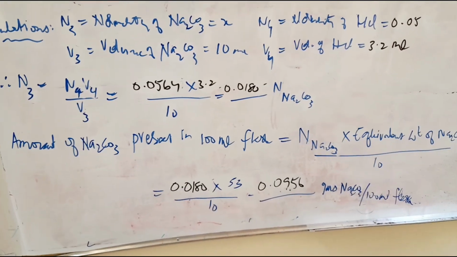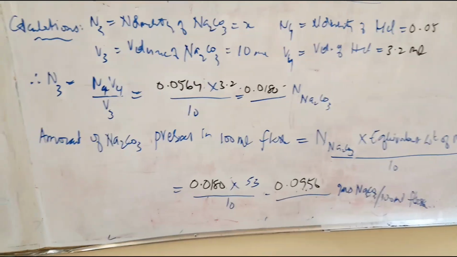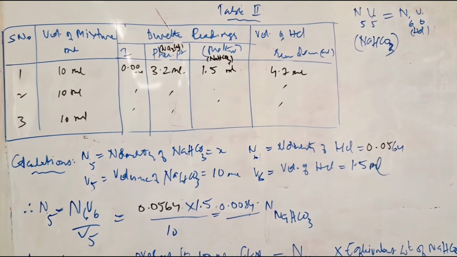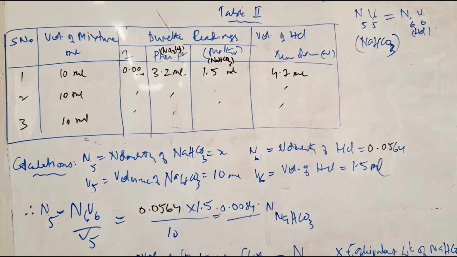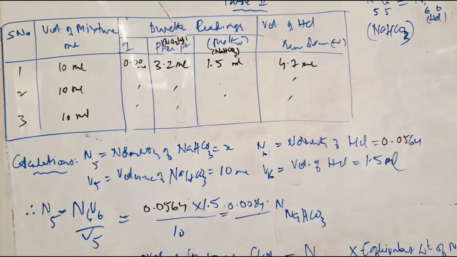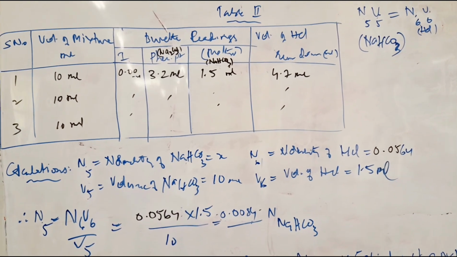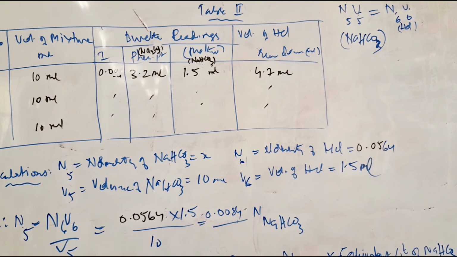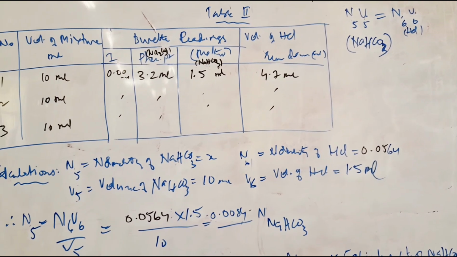Now we will find the calculation for sodium bicarbonate in the same mixture, the amount of sodium bicarbonate present in the given sample. We got the value 1.5 ml for the methyl orange indicator endpoint, and the formula is N5V5 equals N6V6, where N5V5 is for sodium bicarbonate and N6V6 for HCl.